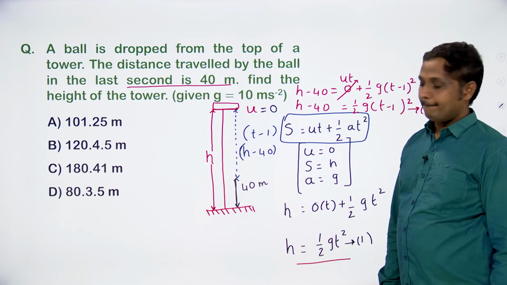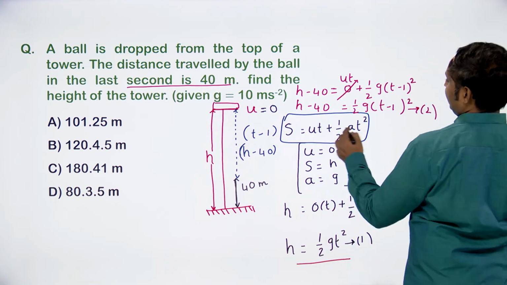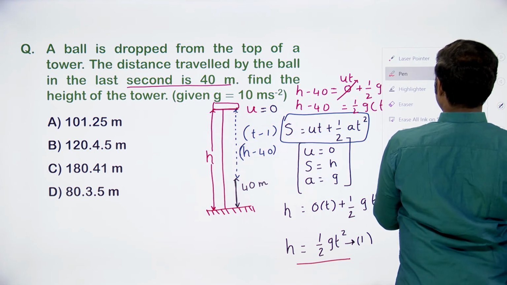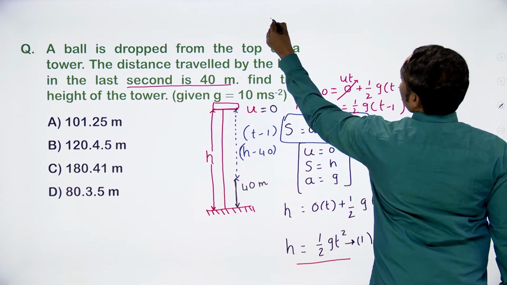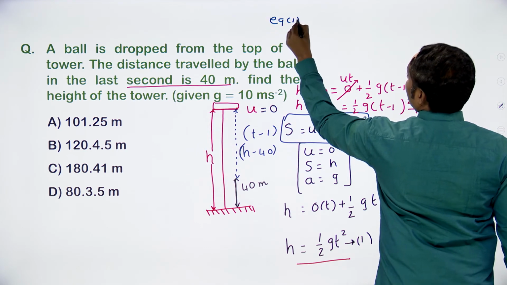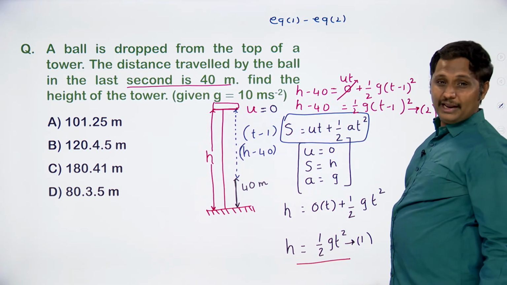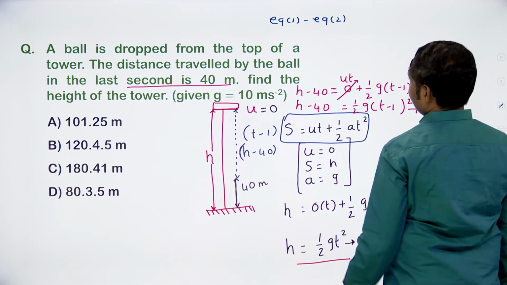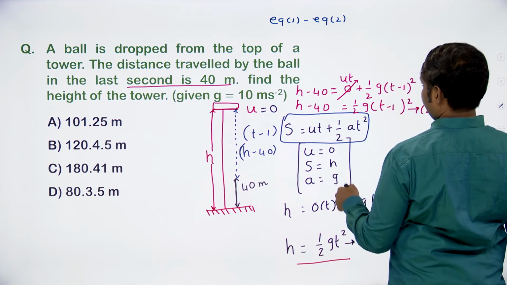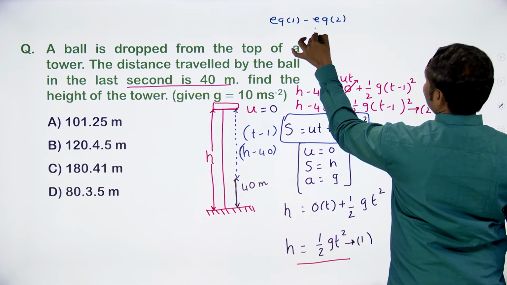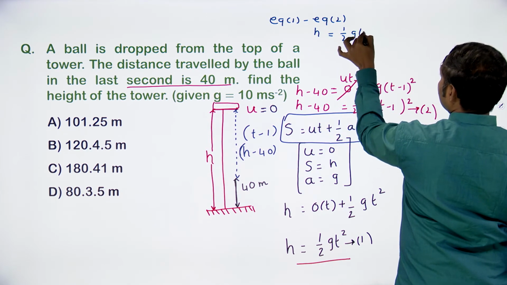So, we would like to go for this solution, that is equation 1 minus equation 2. You have to get this, that is h is equal to half g t square, it is very clear.